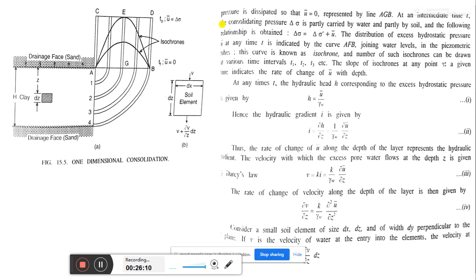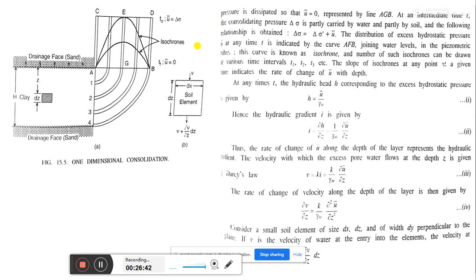Thus the rate of change of u dash, that is pore water pressure, along the depth of the layer represents the hydraulic gradient. The velocity with which the excess pore water flows at depth z is given by Darcy's law. So here Darcy's law is v equals k i equals k by gamma w into del u dash by del z.